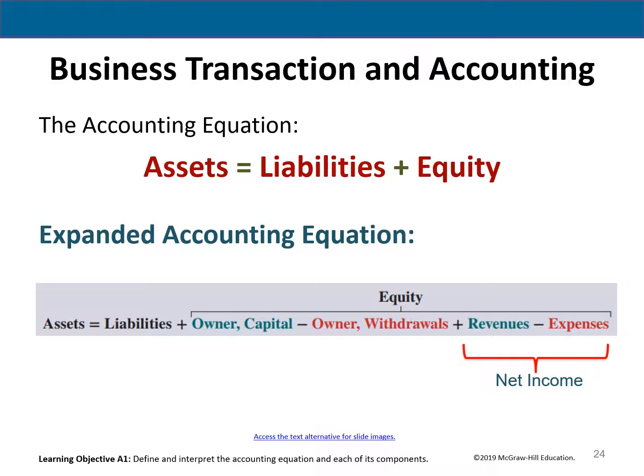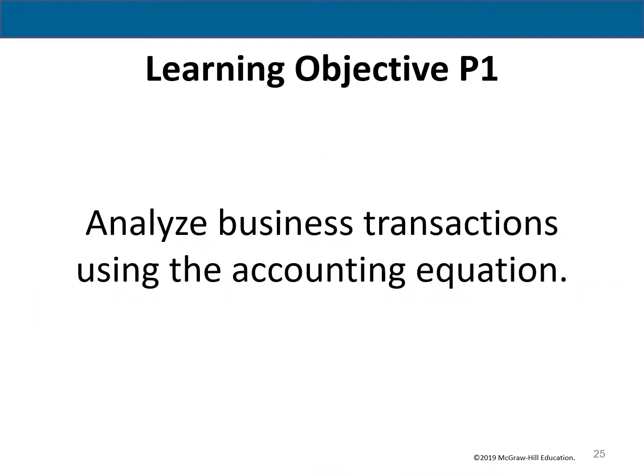So please don't start calling it profit. It's net income. So that's a general look at our equation and what each item means. So you need to know the definition of these so that when we start using this equation, it's automatic for you. You can't stumble on these definitions.